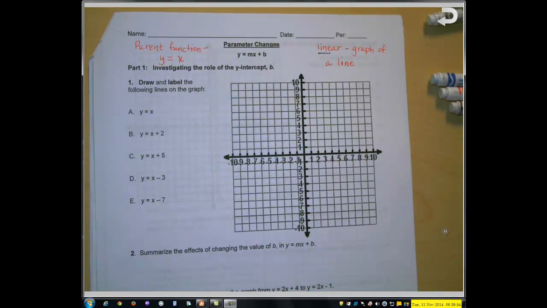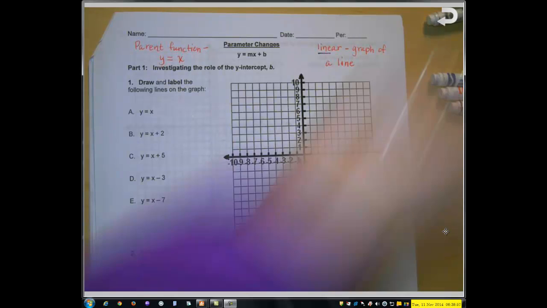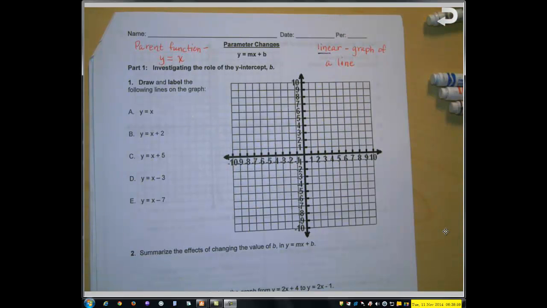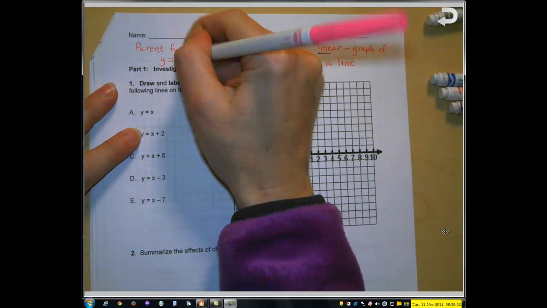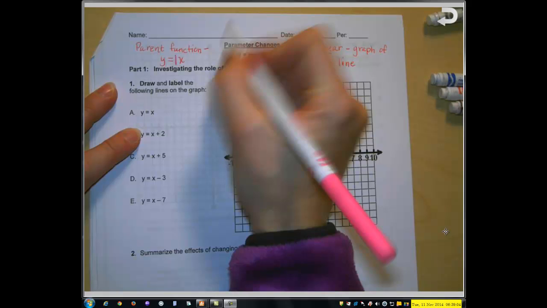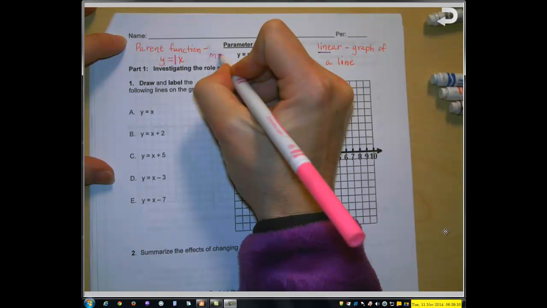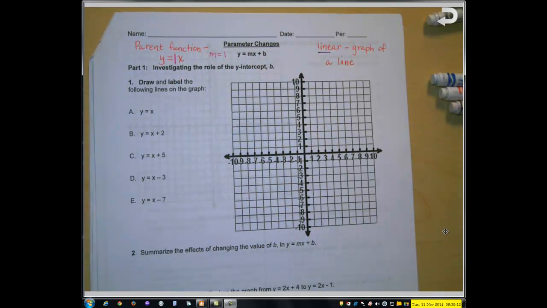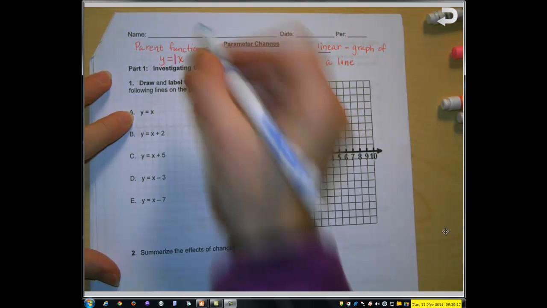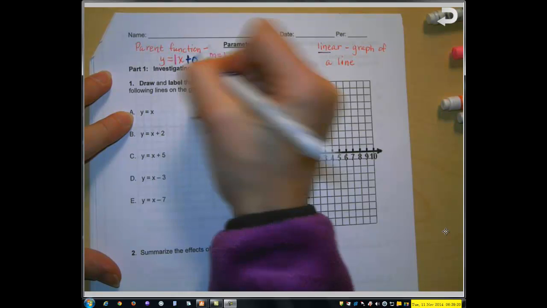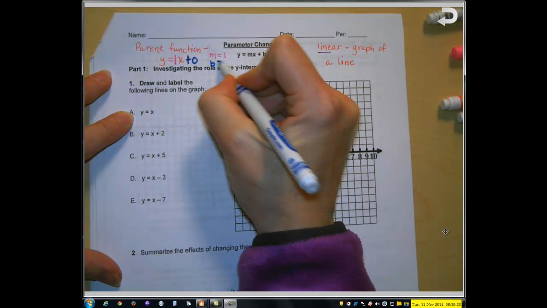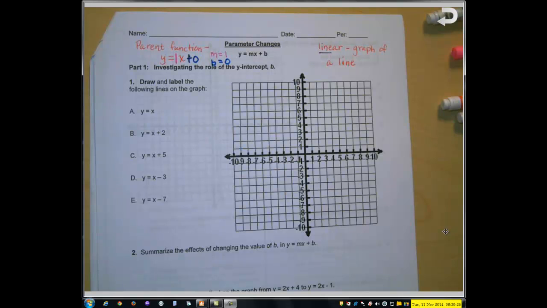And remember, we said that in a linear function, the slope is 1, because we can put a 1 in front of the x. So m would equal 1. And the y-intercept is 0. So b would equal 0. So that's the linear parent function, the one that started it all.